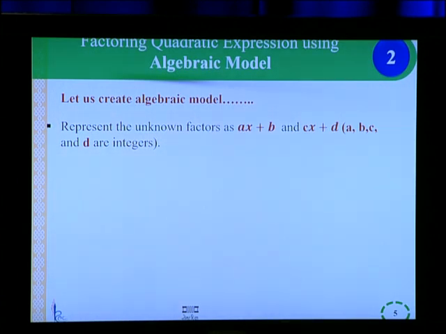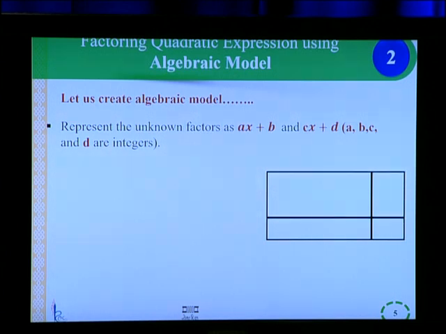So, first draw a rectangle, divide it into 4 parts, and represent the unknown factors ax plus b and cx plus d as the dimensions of our rectangle. To get the model, which we call the algebraic model, you simply multiply the two dimensions.